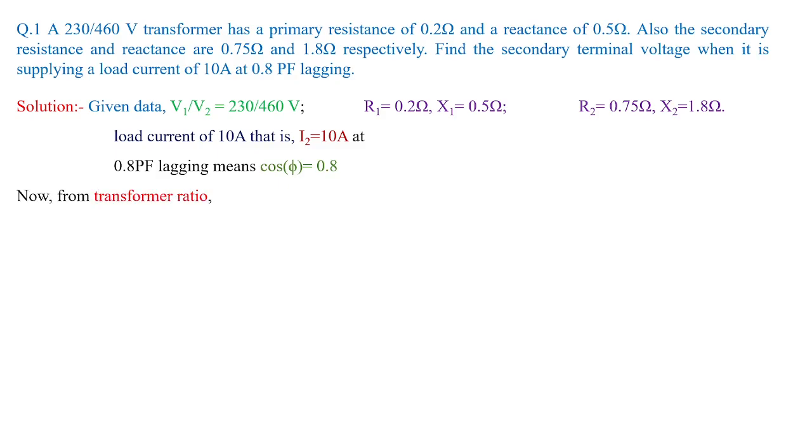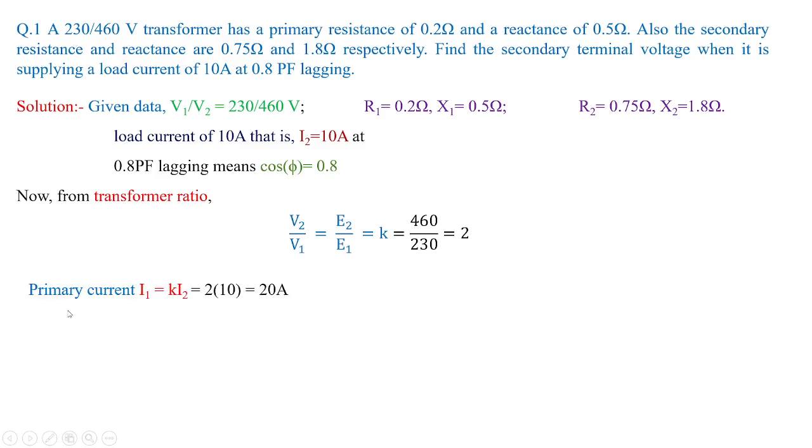Now, from the transformer ratio, we know that V2 by V1, which is equivalent to K, is 2, because here 460 by 230 is 2. Now, in terms of current conditions, I1 is equal to K I2 from the transformer equation. So the I1 value will be equal to 20 amperes, which is nothing but double the load current.